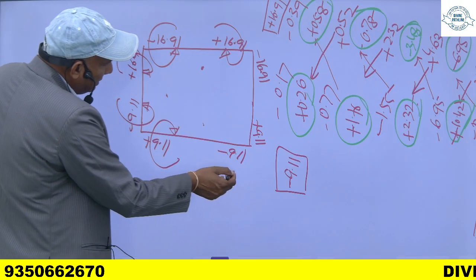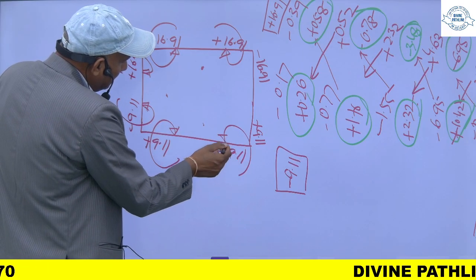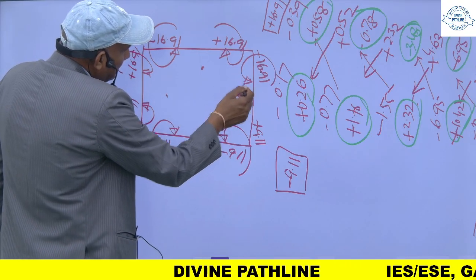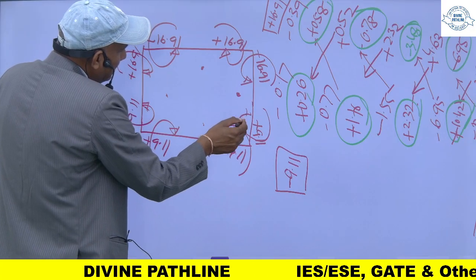If you stand here and you see minus, it means anti-clockwise, and plus means clockwise.